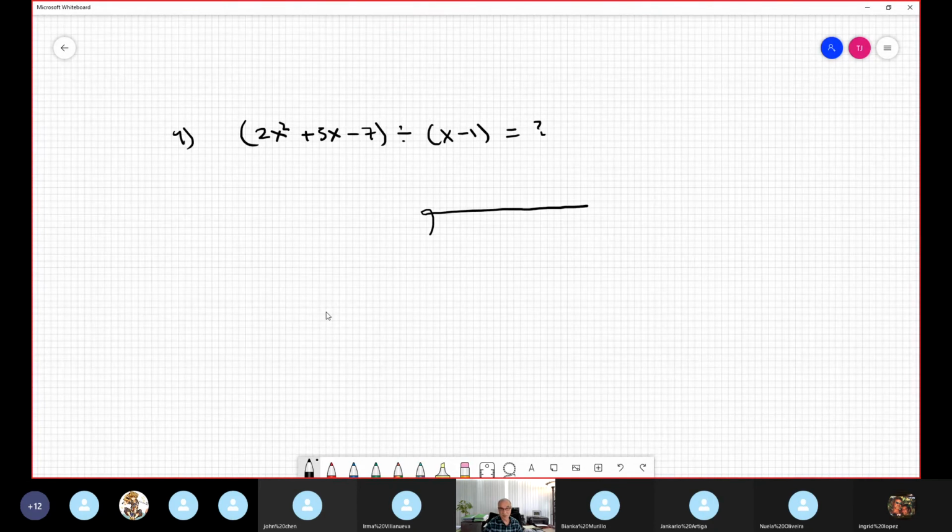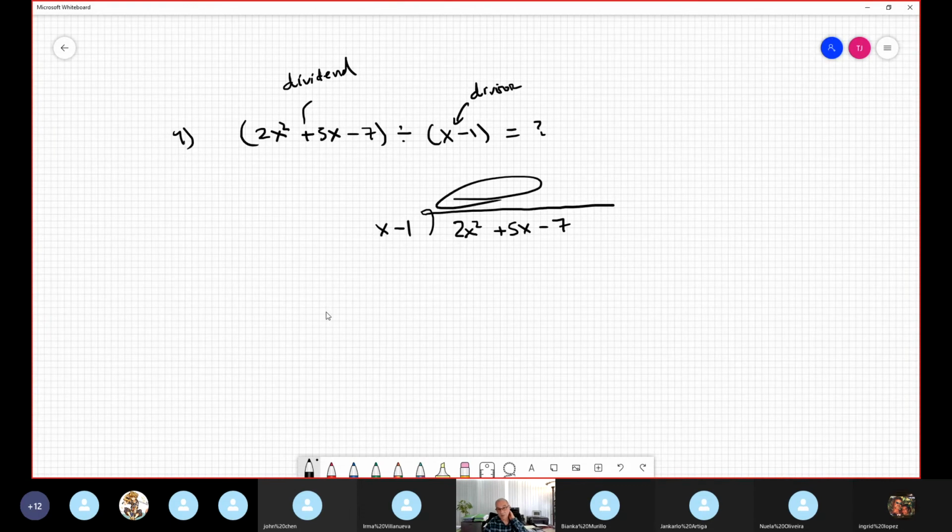You copy 2x squared plus 5x minus 7. This is the dividend. This is the divisor. Remember the long division format. The dividend is inside the box, and the divisor is outside the box. The answer that you have here is the quotient, and the last part is the remainder.